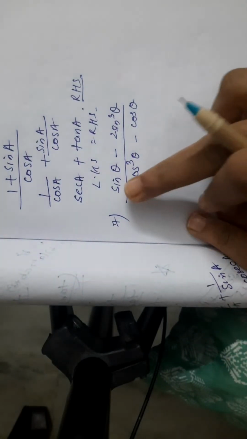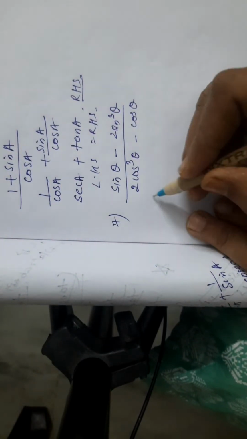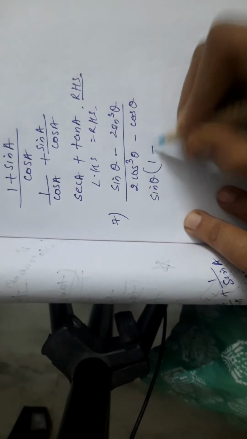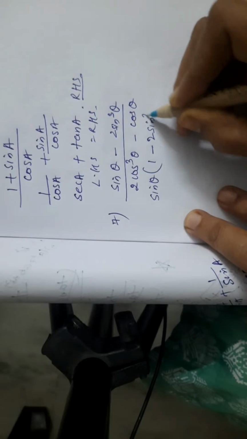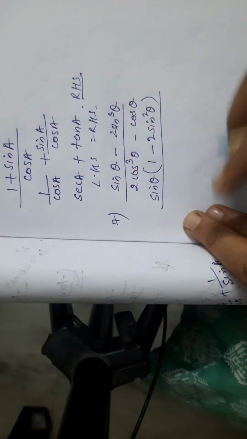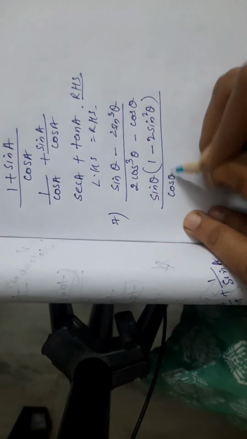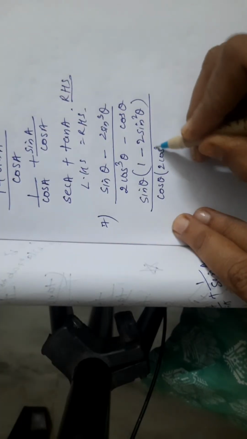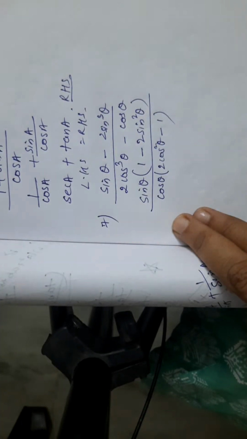So here we can take sin theta common. We'll be left with 1 minus 2 sin square theta. In the same way, cos theta is to be taken common. If we take cos theta common, we get 2 cos square theta minus 1.